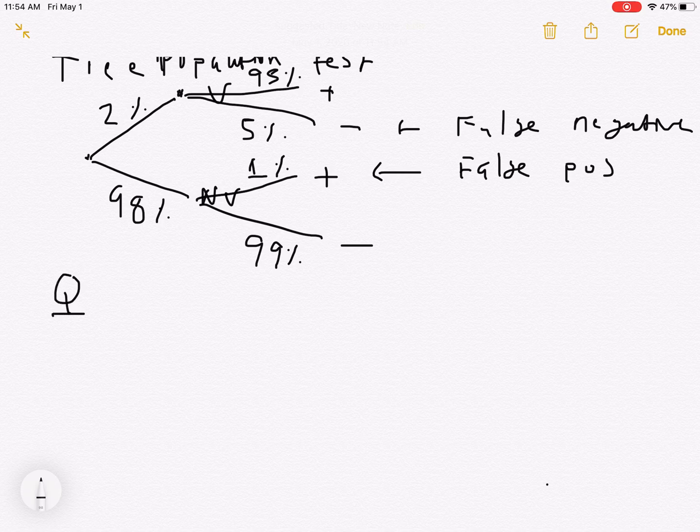So here's my first question. What proportion of the population tests positive and has the virus?